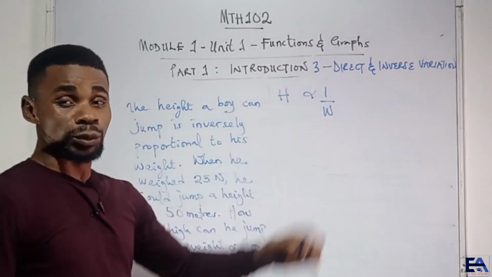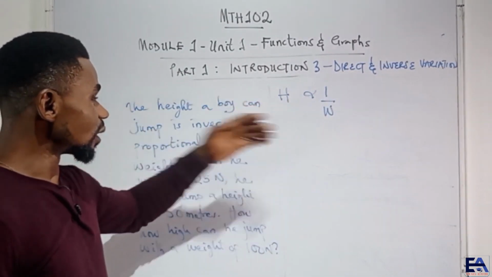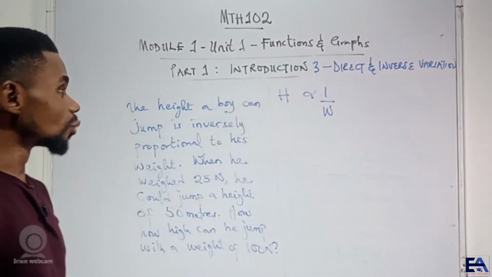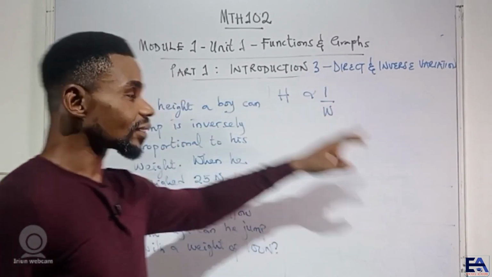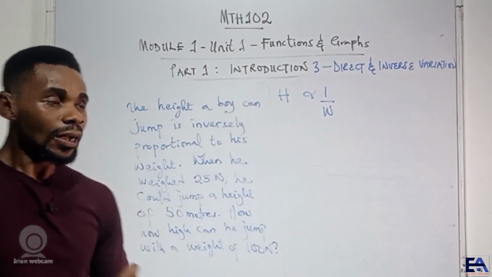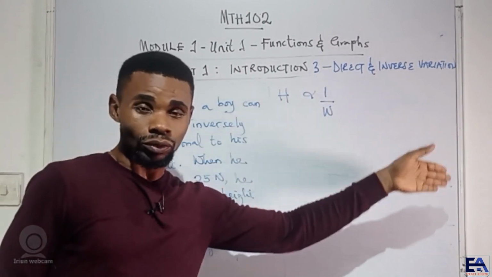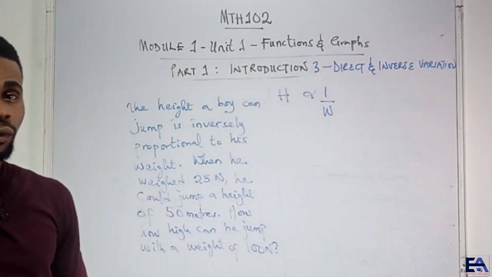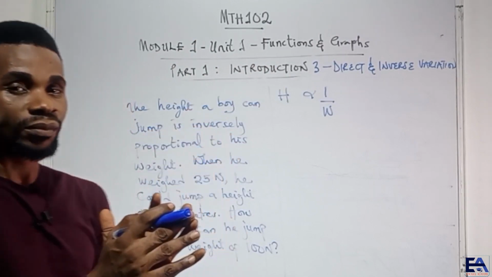Because of this inverse proportion, it simply tells us that when the weight increases, the height he can jump will decrease. And when the weight decreases, the height the boy can jump will increase. So when there is an inverse proportion, the opposite of what happens to one variable is what happens to the other variable, okay? But in a constant proportion, okay?